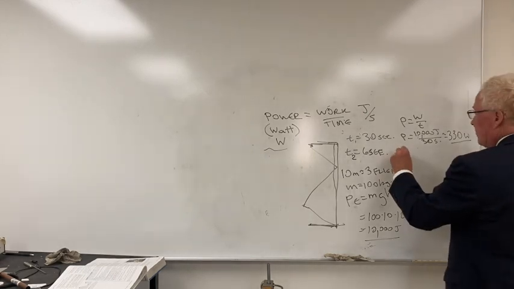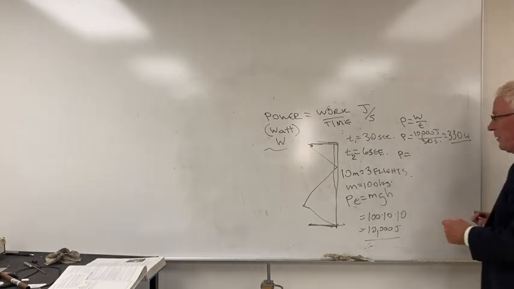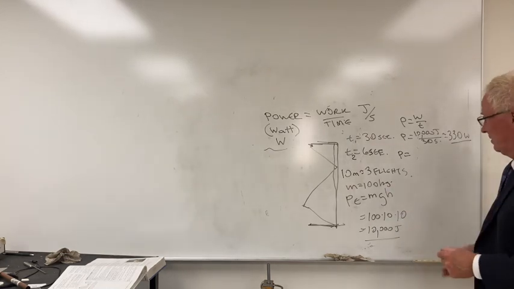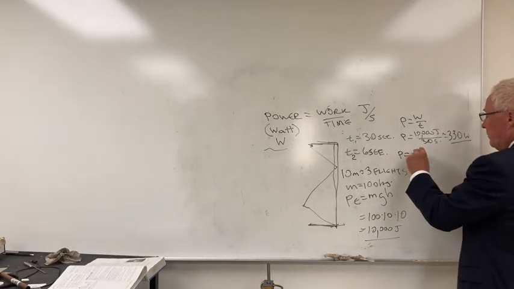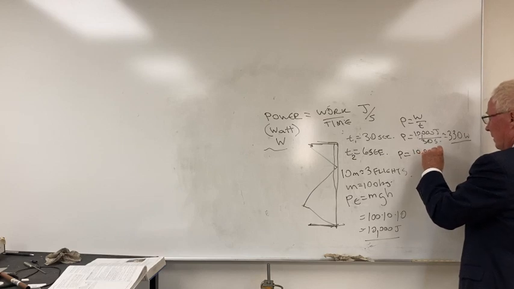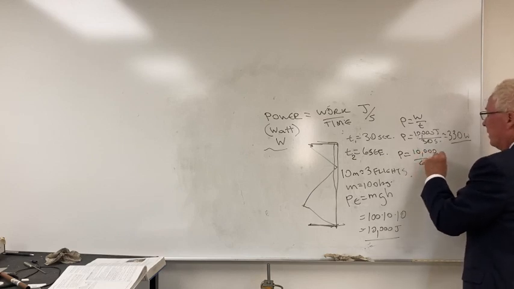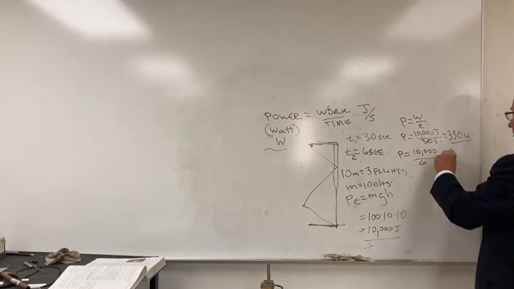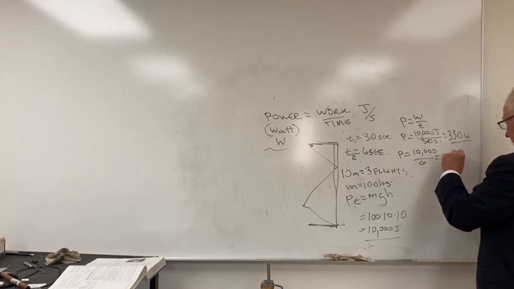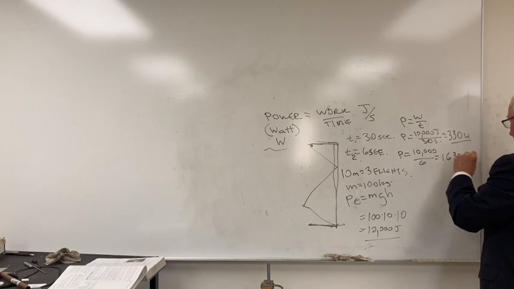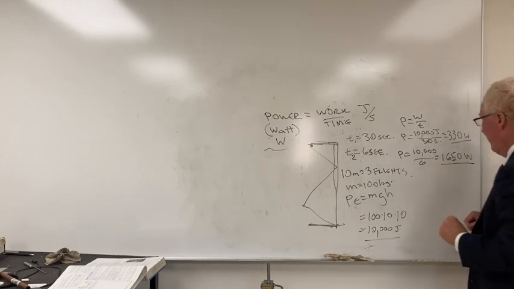If you do it in 6 seconds, it's pretty hard to climb 10 meters in 6 seconds. That would be 10,000 over 6, which is about 1,650 watts. That's a huge amount of power.